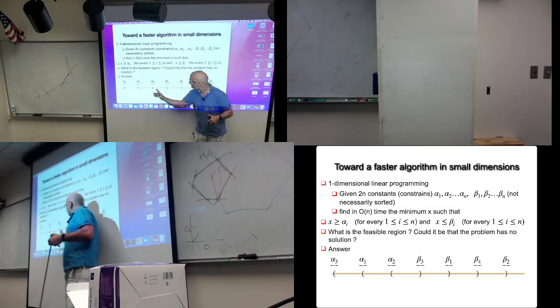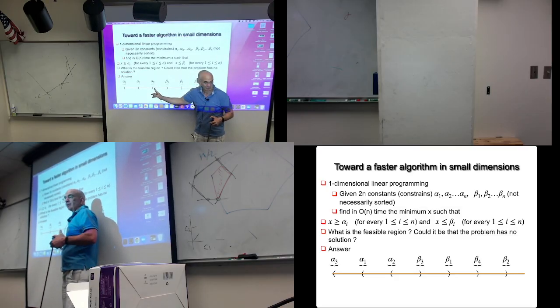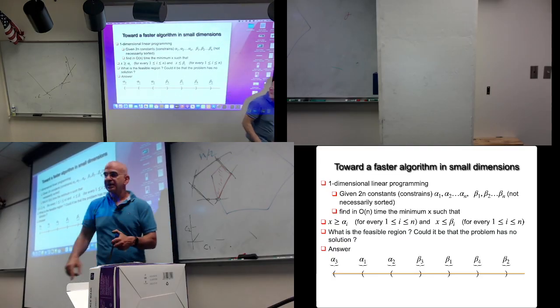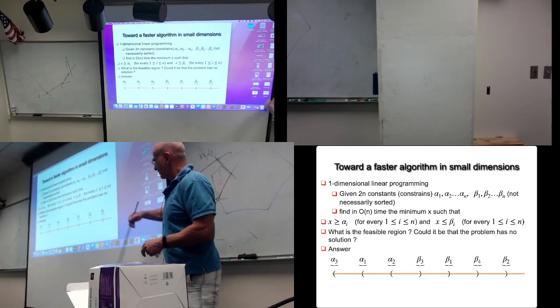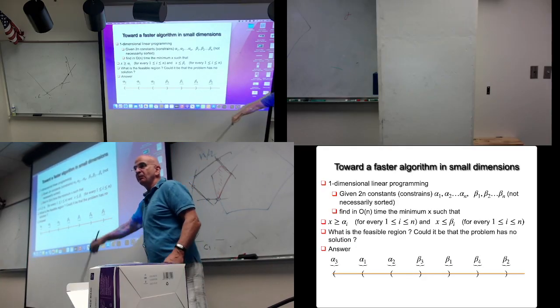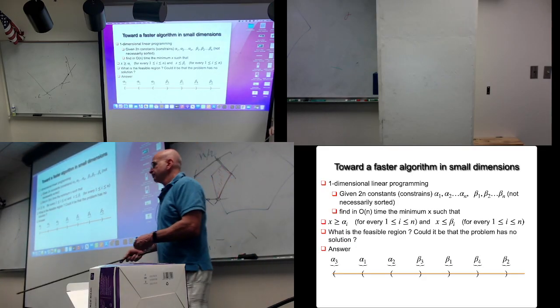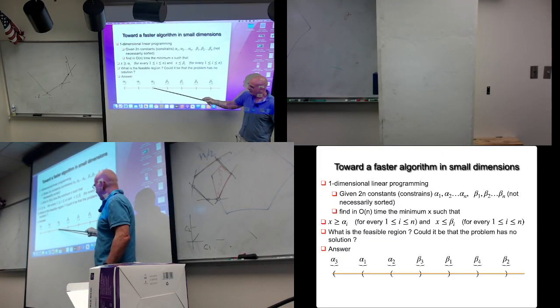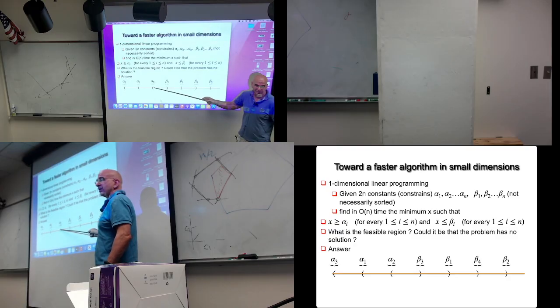Among the smaller values, I'm looking for the largest one. Among the large values, the beta j's, I'm looking for the smaller one. Right? Because if x is larger than every alpha i, then x in particular is larger than the largest alpha i.